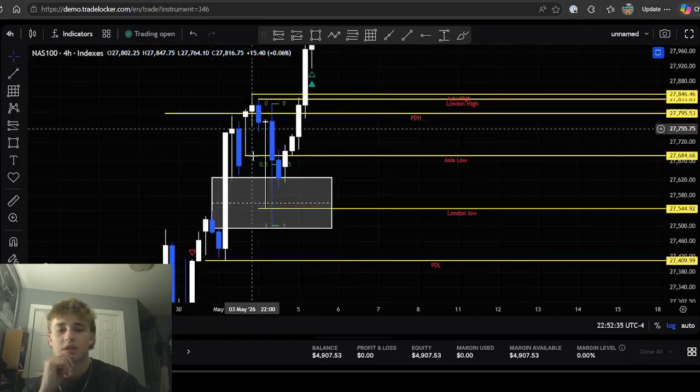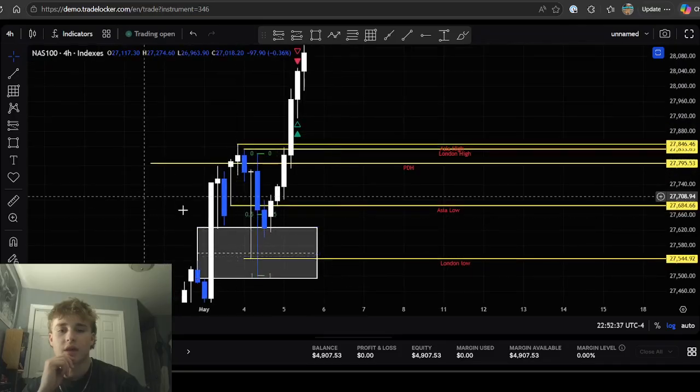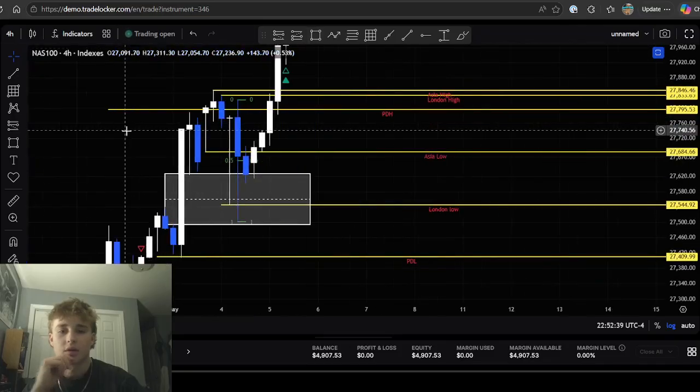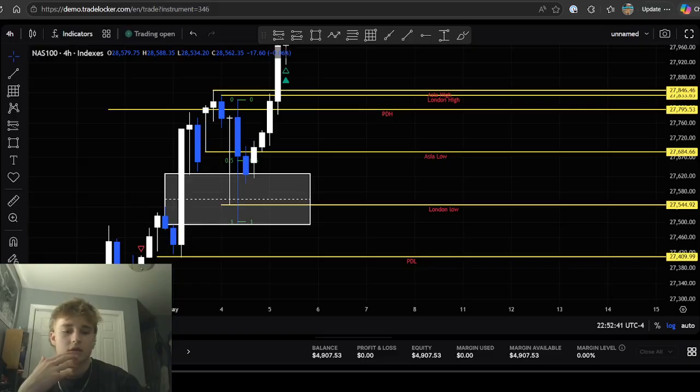In this case, it reacted off of that fair value gap and pushed higher. So that's just one of my examples of how I would trade. That is the strategy that I will be sticking with, trying to maintain, and then go from there and see what else we could do on that part.